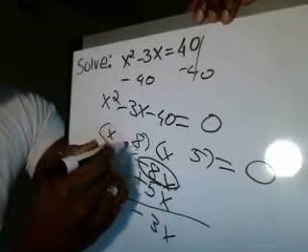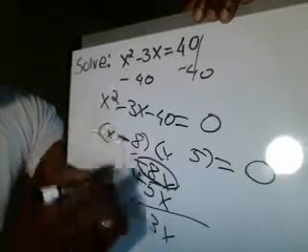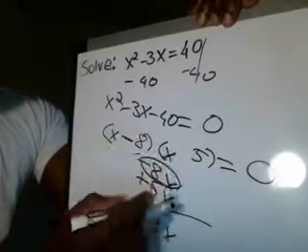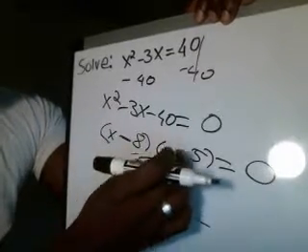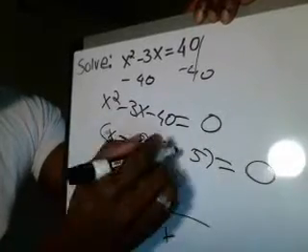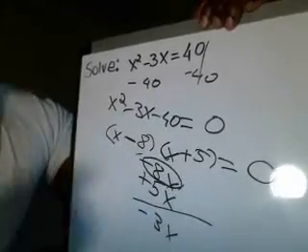What sign must this number be for 8 times x to give you a negative 8x? It has to be negative, obviously, because if this is positive, you get a positive 8x. Next thing down here is you have 5x. What sign must this number be so that when you multiply x by 5, you get a positive 5? Positive. So there goes your answer.